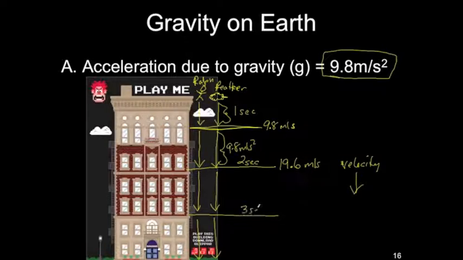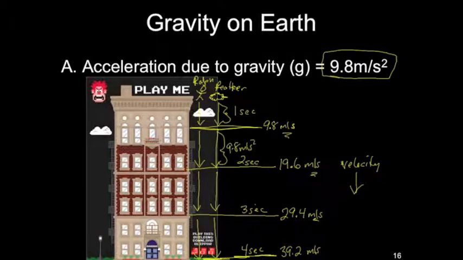So at the third second, Ralph and the feather will both be falling at 29.4 meters per second. And we know this is velocity because of the units we're using, meters per second. And at the fourth second, as they crash into that mud puddle, get ready for the next game, they're moving at 39.2 meters per second.